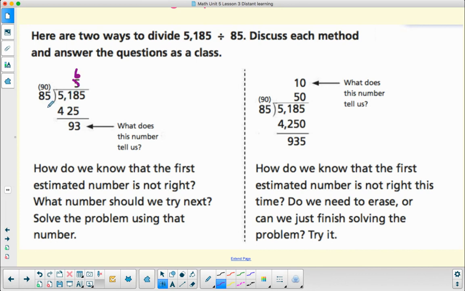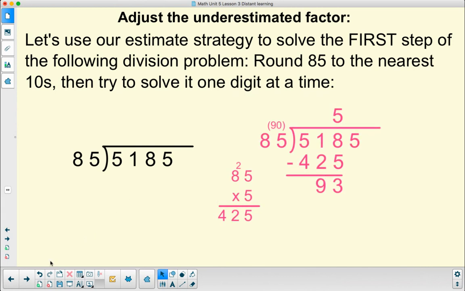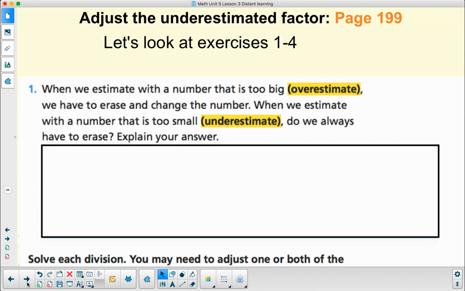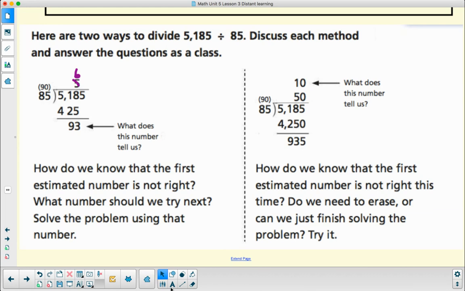So I'm going to change it to 6. 6 multiplied by 85. Well, 6 multiplied by 5 is 30. 6 multiplied by 8 is 48. So 6 multiplied by 80 is 480. 480 plus 30 is 510.